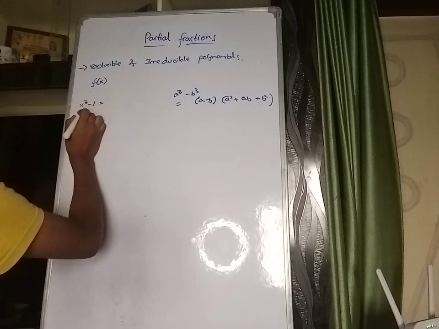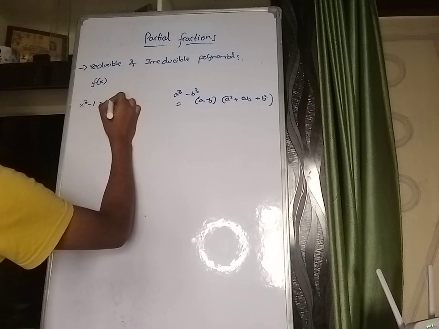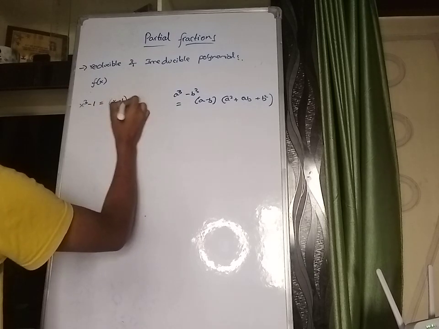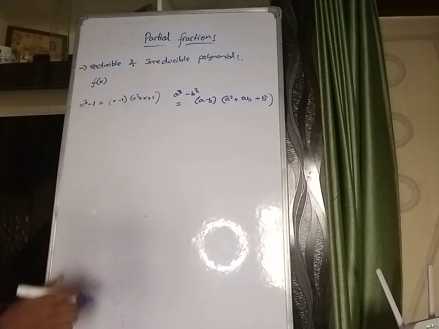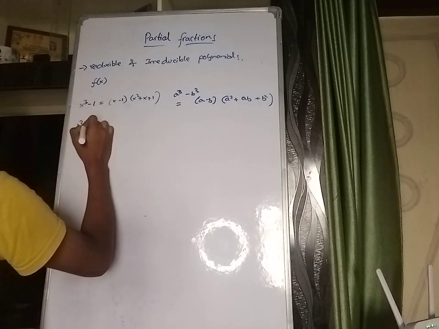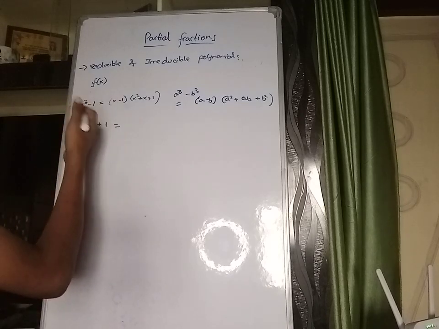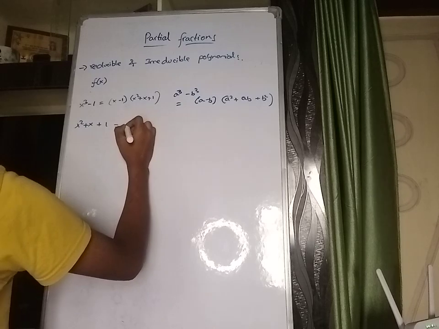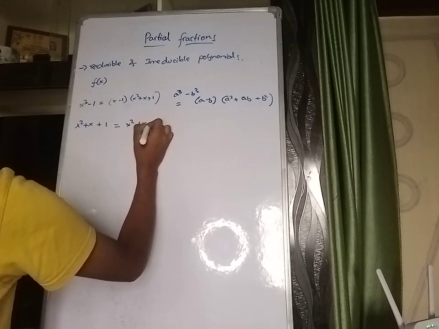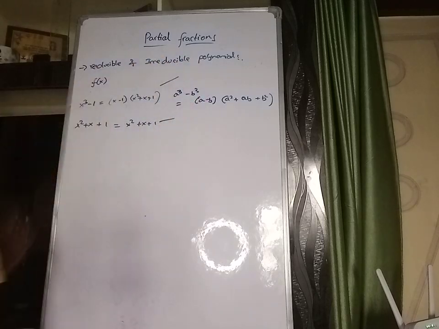We can reduce this polynomial into two parts: x minus 1 into x square plus x plus 1. Another example is x plus 1, which we cannot reduce into two or more polynomials, so it stays the same. This is reducible and this is irreducible.